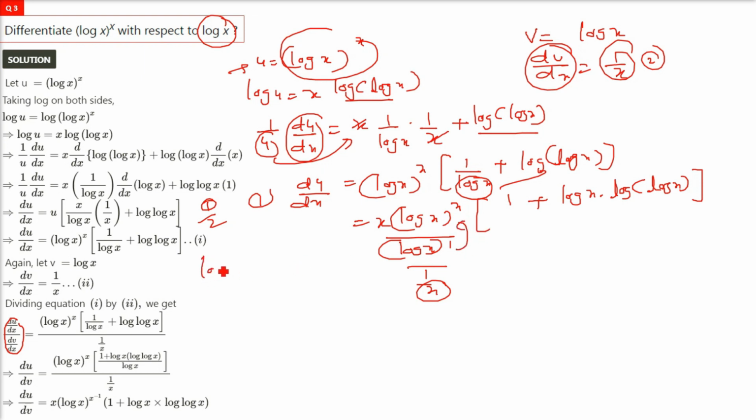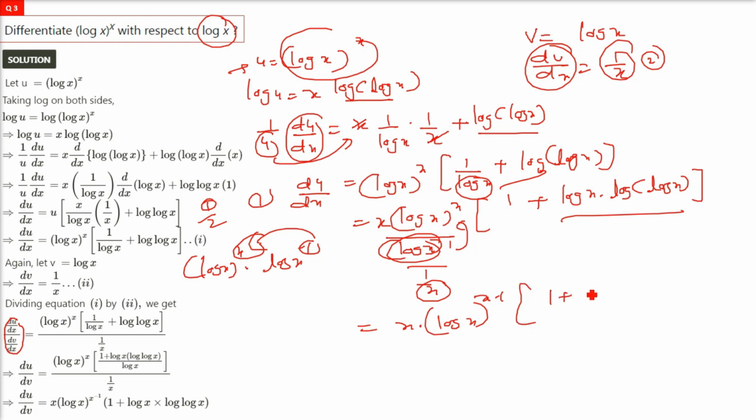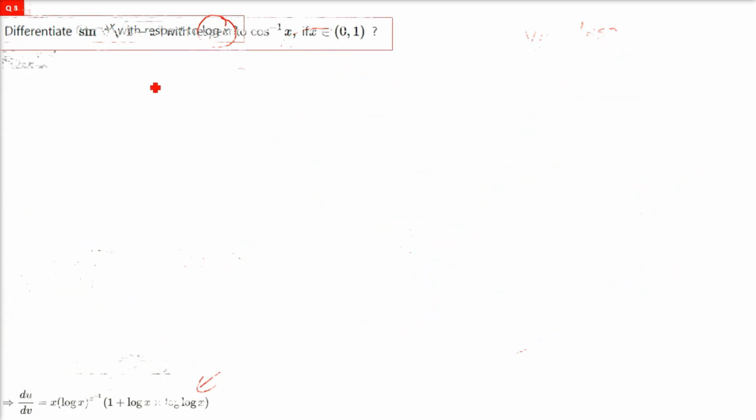When it goes up, it will be (log x) to the power minus 1. (log x) to the power x is already there. So (log x) to the power x and (log x) to the power minus 1, it goes (log x) to the power x minus 1. So you get x (log x) to the power x minus 1 into 1 plus log x into log of log x. Alright. So that is going to be your final du by dv. Differentiating this with respect to that.